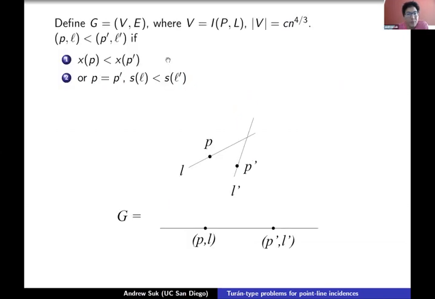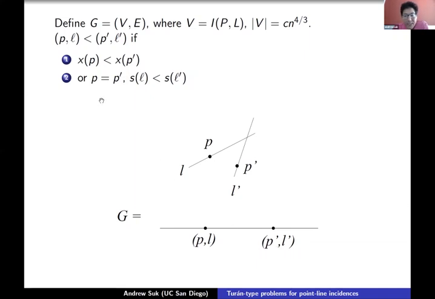So what am I referring to? We'll define a graph G where the vertices are the incidences between P and L. So in particular, this will be a graph with n to the 4/3 vertices. And we'll order them from left to right on the real line, basically by the x coordinate of the point.